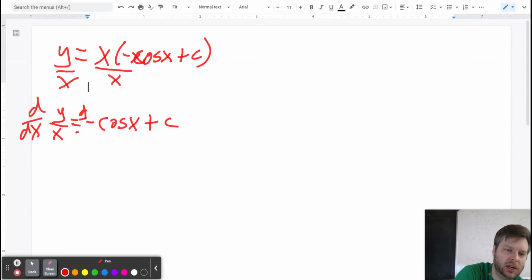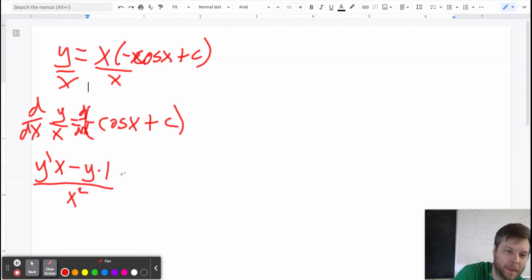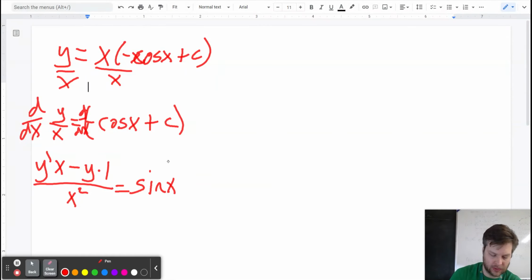So now I'm going to take the derivative of both sides. And so the derivative of y over x, got to use the quotient rule. So f prime g minus f g prime over g squared. The derivative of negative cosine is sine of x.